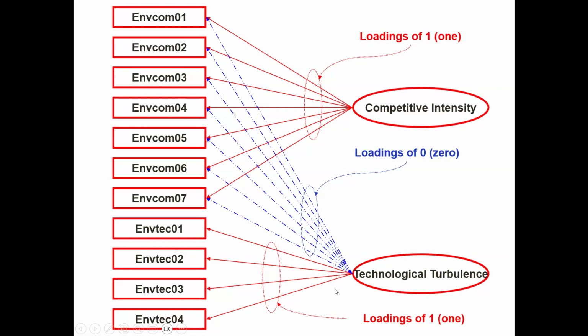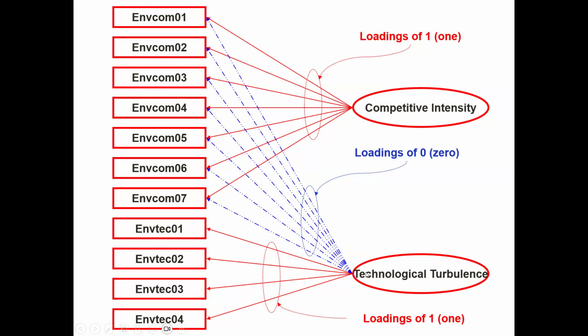Now, when this happens, we say we have achieved convergence, because these converge to measure this, and these 7 converge to measure this. Now, since these measures are measuring different constructs, this measure and this construct should not be related or highly correlated with the measures of competitive intensity.